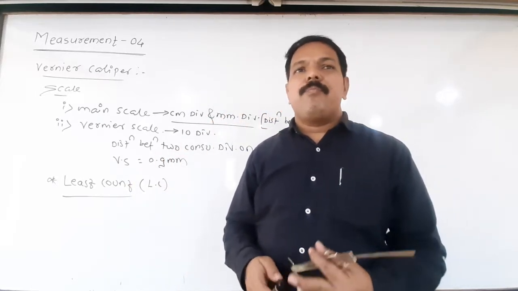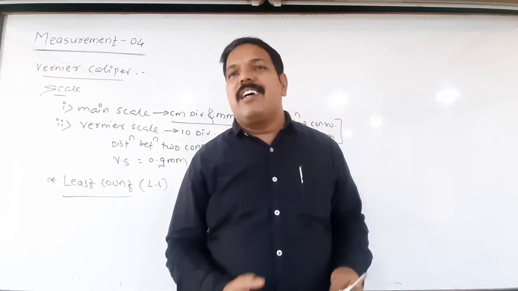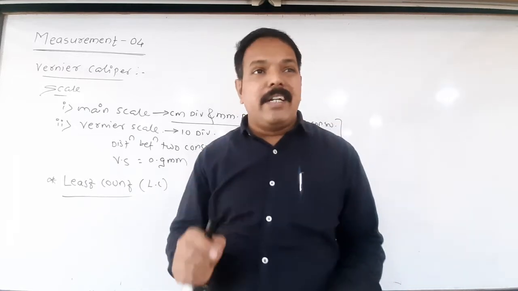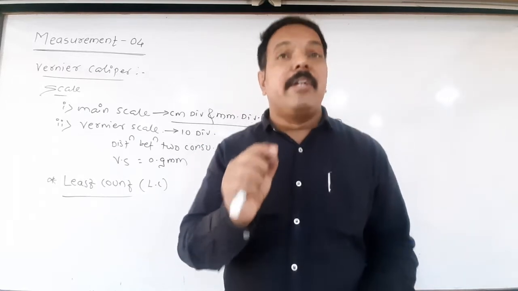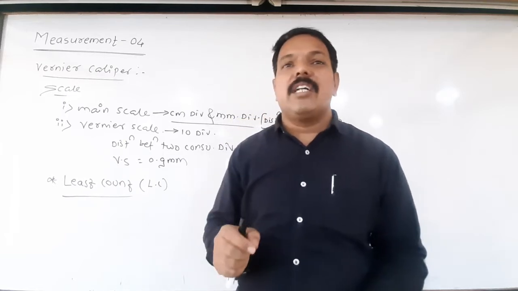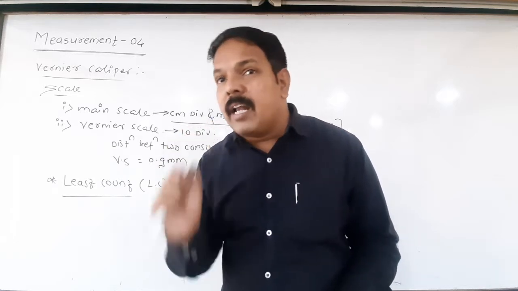For example, we know in the case of the meter scale there are centimeter divisions and there are millimeter divisions. What is the least count of the meter scale? This is 1 millimeter, because we can measure any distance by using the meter scale up to the millimeter level.